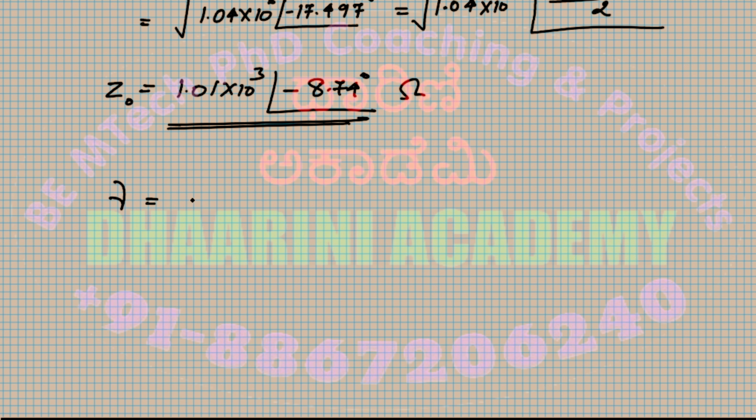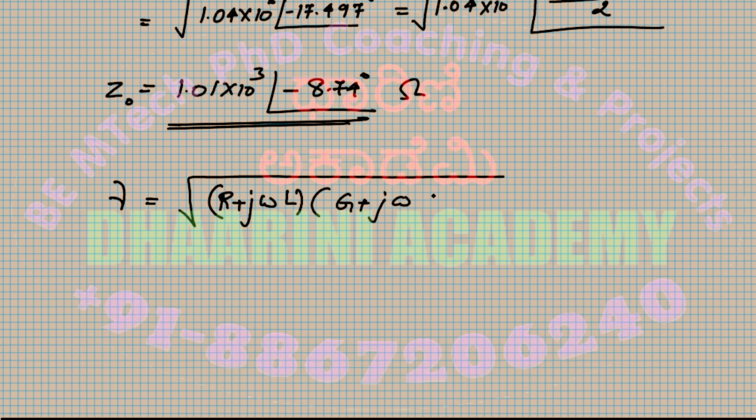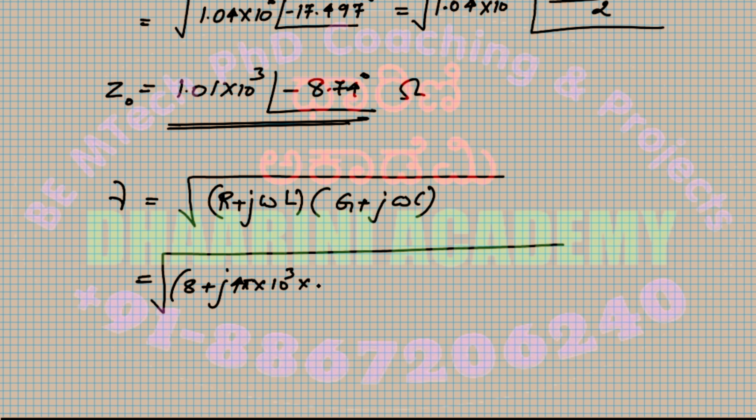Gamma is equal to, what's the equation? Square root of R plus j omega L into G plus j omega C. Let's substitute the same way as we did earlier. So this is under root R plus j omega L gives you 8 plus j 4 pi into 10 to the 3 into 2 into 10 to the.